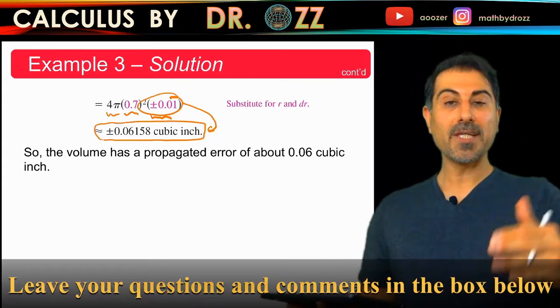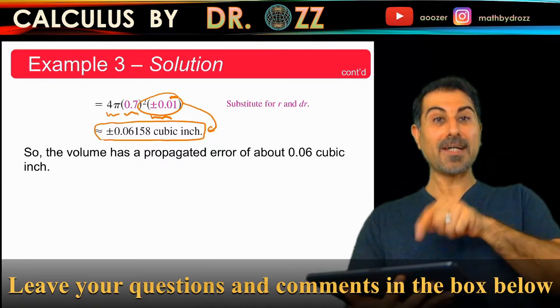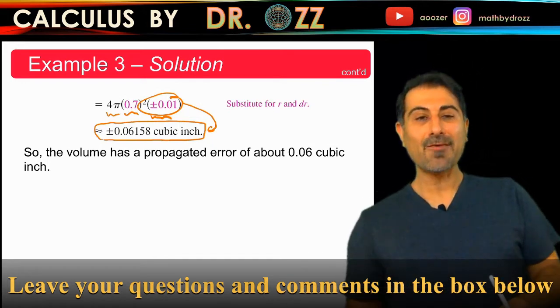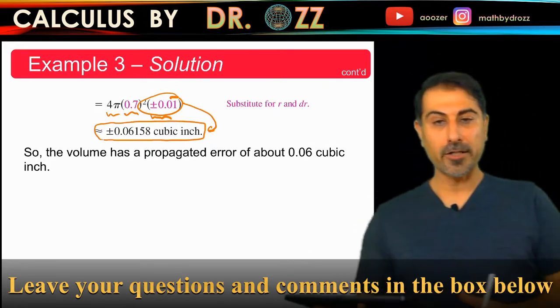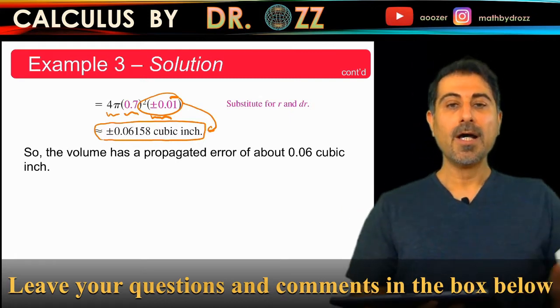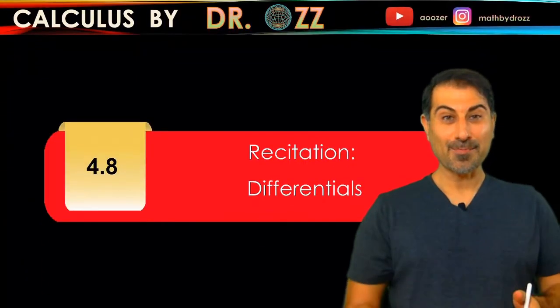If you use the volume calculation to evaluate the cost of the ball bearing, that error is going to be propagating as well. So you can see how important it is to know how the error is propagated through calculation of different quantities.